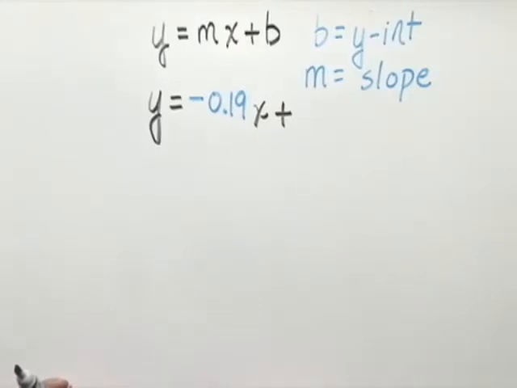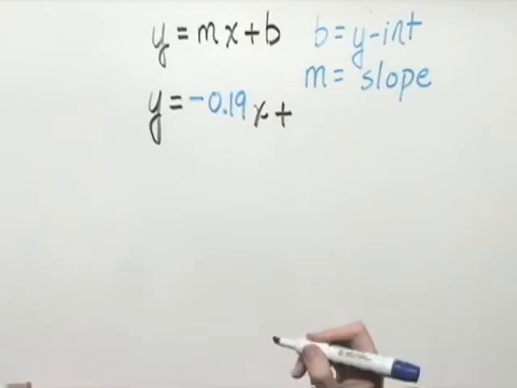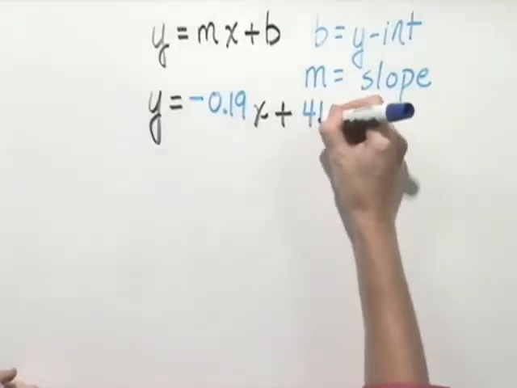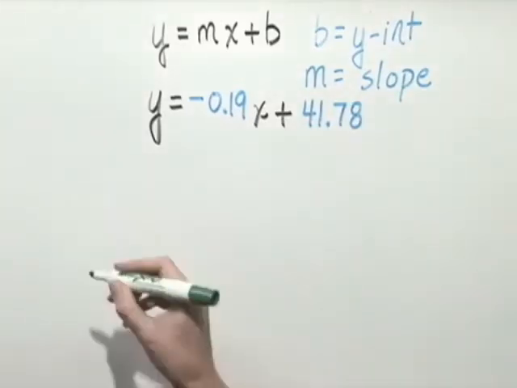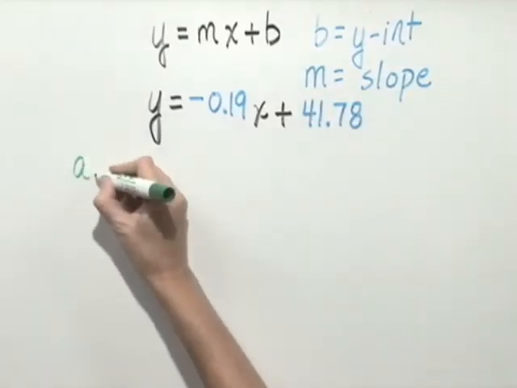The original function value we're given was 41.78 seconds. So we'll put in 41.78 for b.